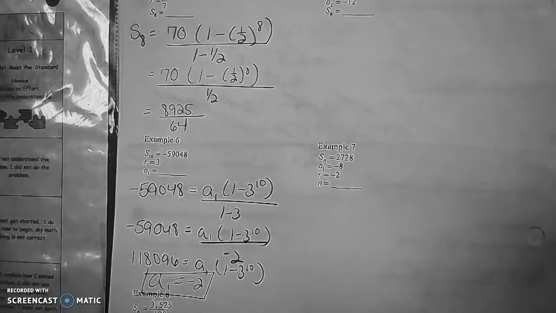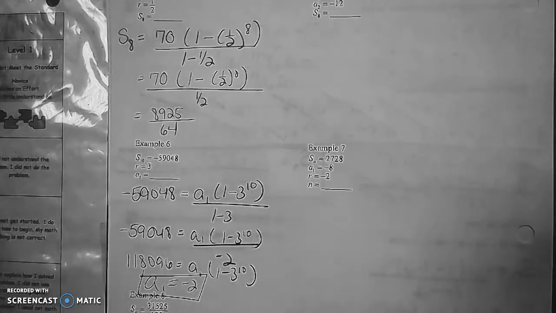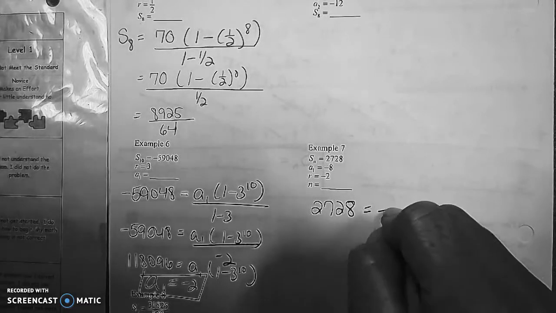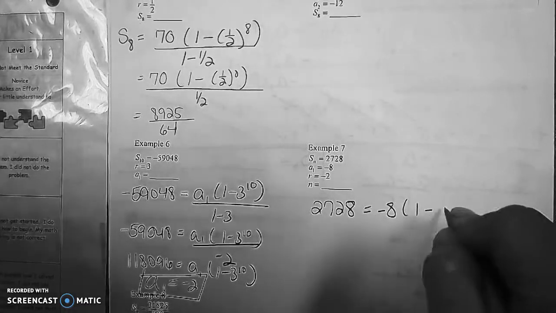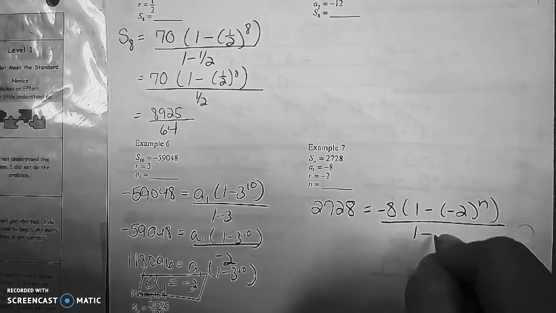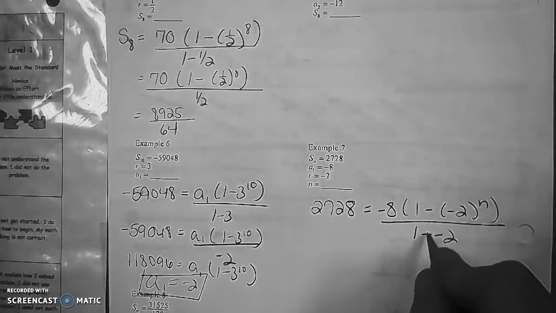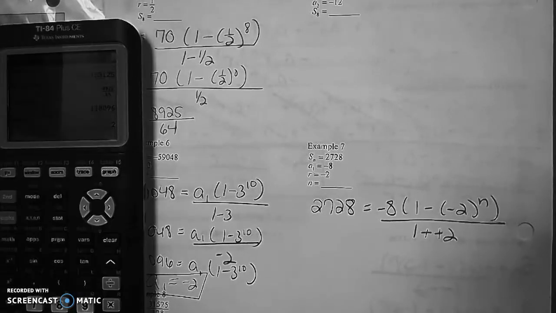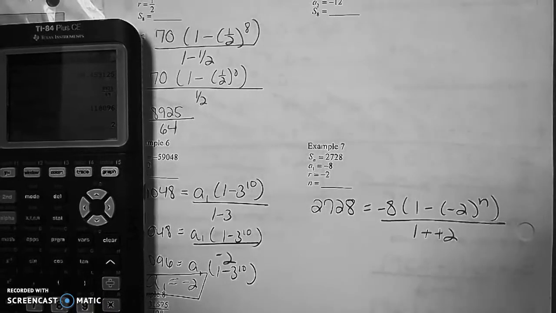All right, we'll do one more. Let's do 7. So as I look at 7, I know the sum. I know A1. I know R. I don't know N. So again, 1 minus negative 2 is the same as 1 plus 2, so that's 3. I'm going to go ahead and multiply by 3.